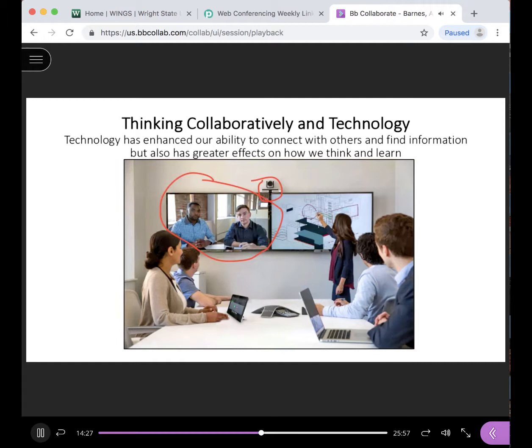I also see here a conference phone, but there very well could be someone just on the phone who is also participating in the collaboration. And we see this person here using technology to explain an idea or reference.